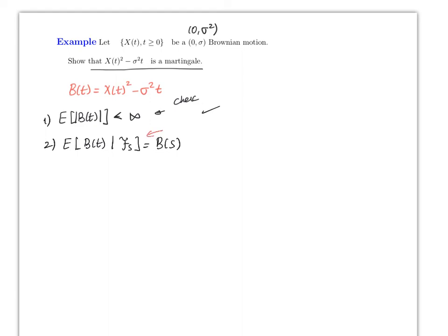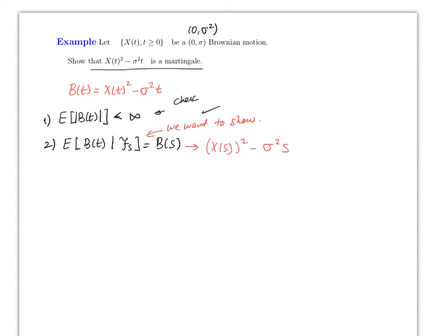So this is what we want to show, where remember that b of s is equal to x of s squared minus sigma squared s. So that's what you want to show.